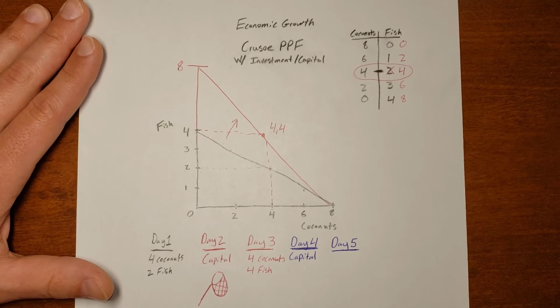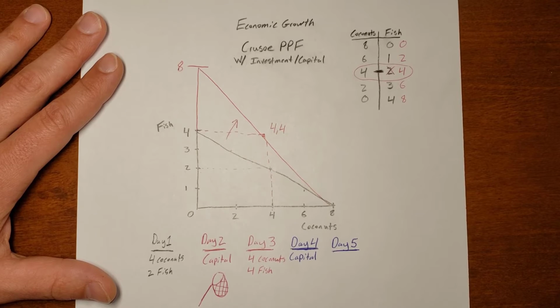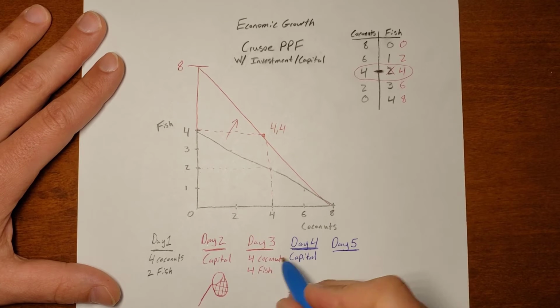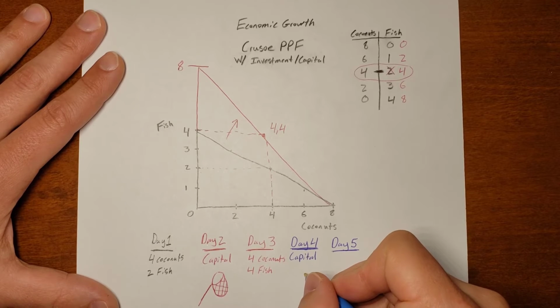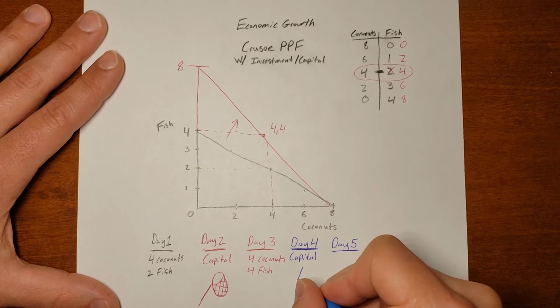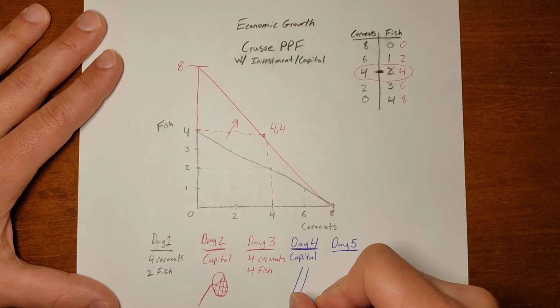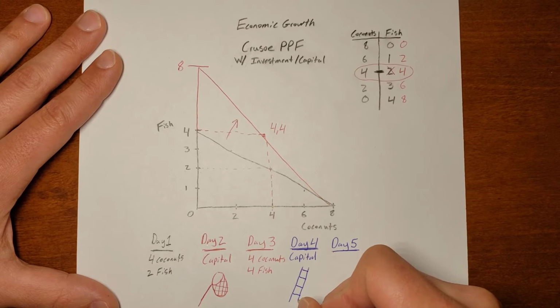But let's just suppose that Crusoe is still not satisfied with his output at 4 coconuts and 4 fish, producing half and half. So he says, you know what I'm going to do? I'm going to, once again, on day 4, even though on day 3 he's getting more, but he's still not satisfied, invest in even more capital. This time, he's going to build capital that is specific to collecting coconuts.